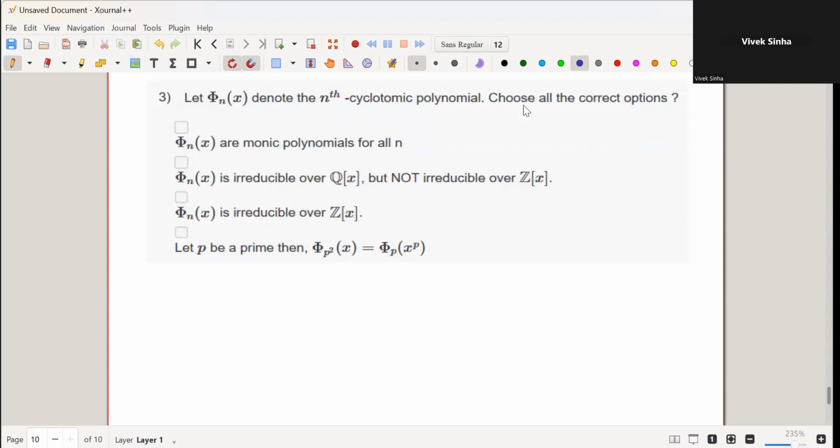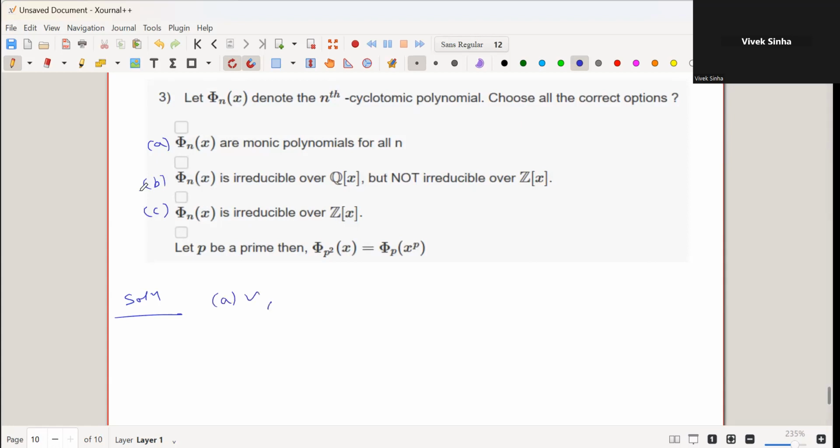So, solution: first, this is directly by class notes.